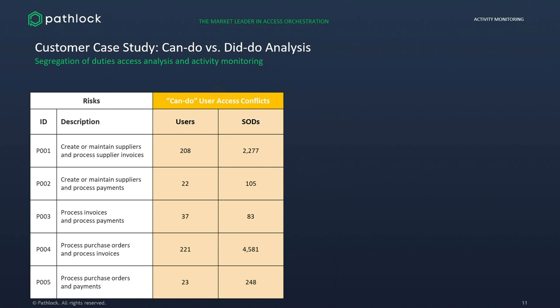I refer to this as the can-do versus did-do. Access control and other GRC solutions will tell you who has access to do what. And this is important to understand, no question. You need to remove excessive or inappropriate access, or not allow critical segregation of duty violation access.